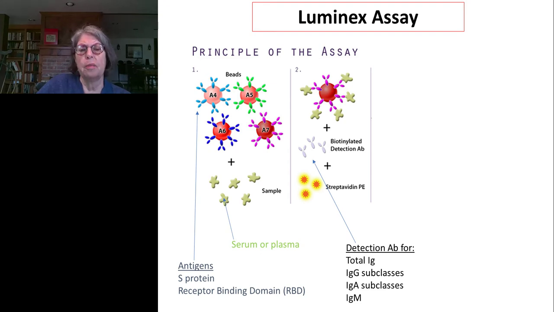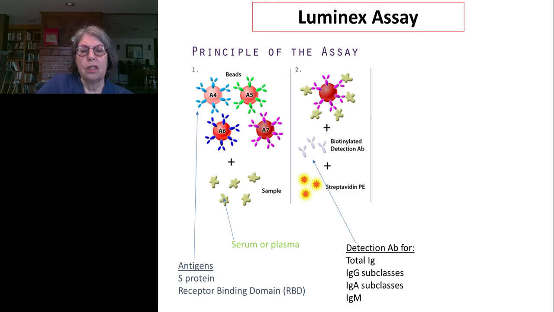And we'll go through that in a minute. And then for the readout, a final reagent is added, which is streptavidin labeled with phycoerythrin. It will bind to the biotinylated secondary antibodies.